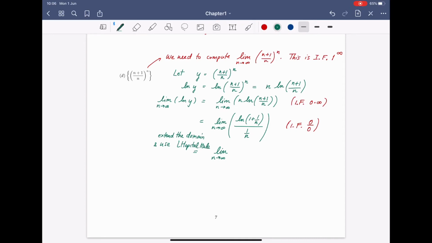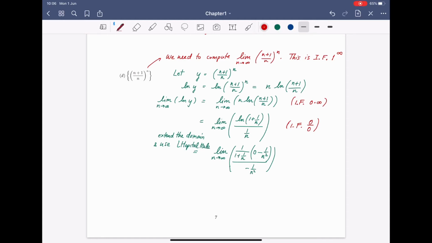To differentiate log of 1 plus 1 over n, I get 1 over 1 plus 1 over n, and then I differentiate the inside function, so I get 0, because differentiating 1 gives 0, and then differentiating 1 over n gives negative 1 over n squared. Alright, a bit tough, but it is doable. And then in the bottom here, we have 1 over n, so if you differentiate 1 over n, you get negative 1 over n squared.